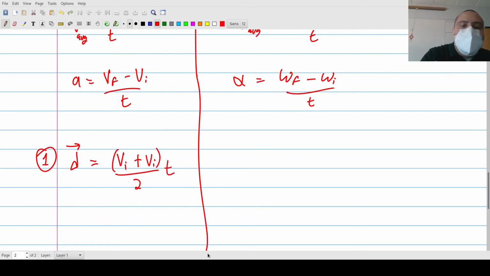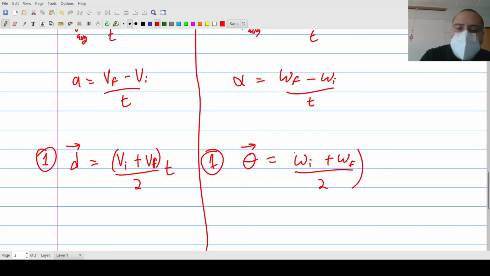Well, there is an equivalent kinematic equation. Theta, the angular displacement, is equal to omega initial plus omega final, divided by 2 times the time.